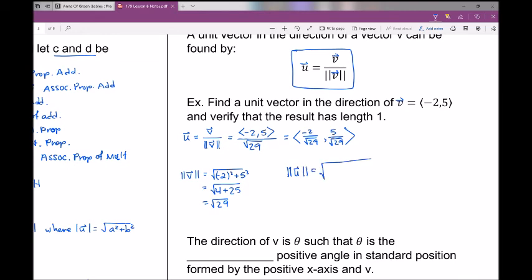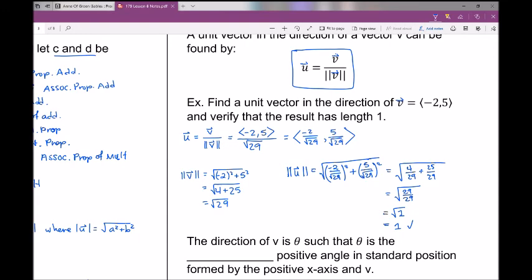We have the square root of negative 2 over the square root of 29, squared, plus 5 over the square root of 29, squared. This is 4 over 29 plus 25 over 29, which is just the square root of 29 over 29, which is the square root of 1, which is 1. So from this little algebraic exercise, we see that the unit vector we found has a length of 1, and that's what we wanted. All this is showing us is that the formula actually works.